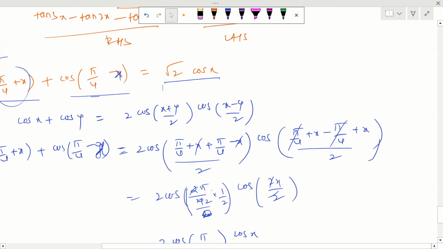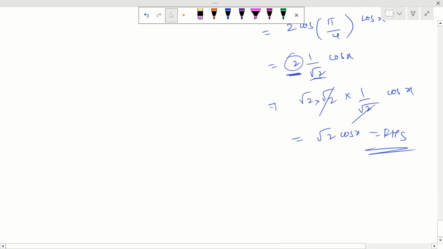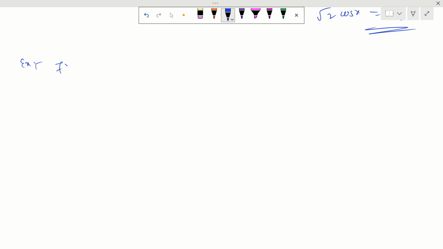Now we'll take another example, that is example number 7. Here we need to prove that (cos 7x plus cos 5x) divided by (sin 7x minus sin 5x) is equal to cot x.